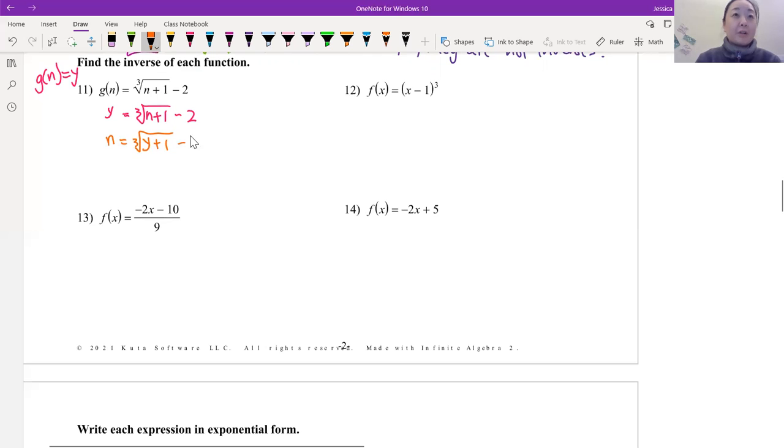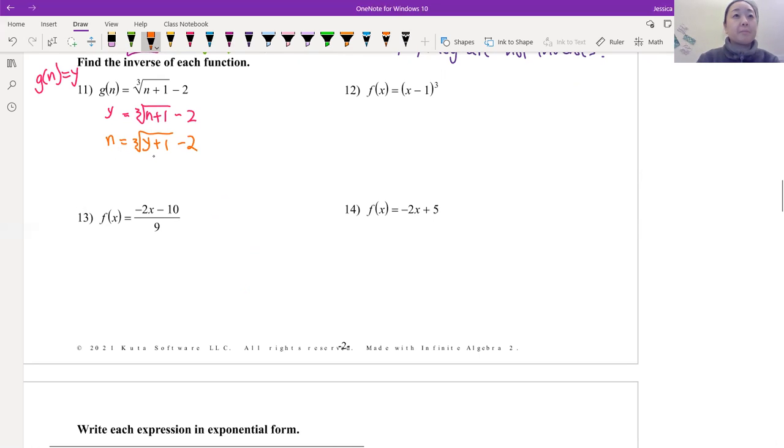If you have not seen the movie, the mom and the daughter are at odds with each other, always fighting, and then they literally switch places and get to see what the other is experiencing. Same thing. Now the y gets to see what the n is doing, and the n gets to see what y is doing. And now all we're going to do is solve for y. What is that going to look like?